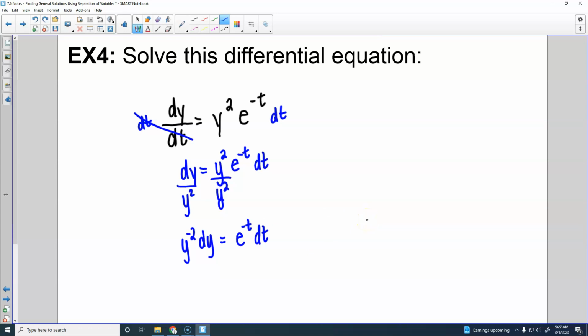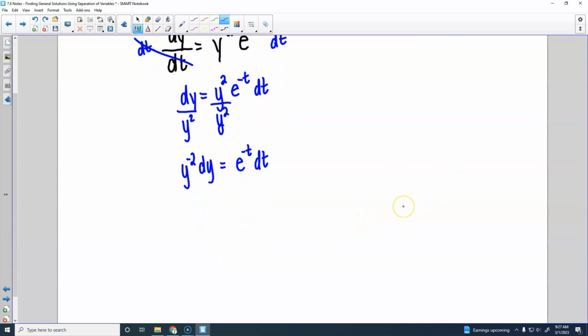So this is key. You must separate those variables. If you do not separate them, you get 0 points on that problem. There's no way you'll ever solve it right if you can't separate the variables. Once the variables are separated, you want to integrate both sides at the same time.